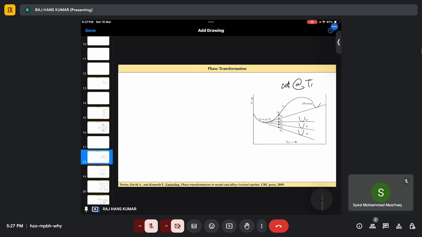At first, I have GP zones, which are rich in copper. So this is my X of GP zone, the composition of GP. After a certain amount of time, these GP zones will dissolve, and there is a formation of theta double prime, and theta double prime has this composition.